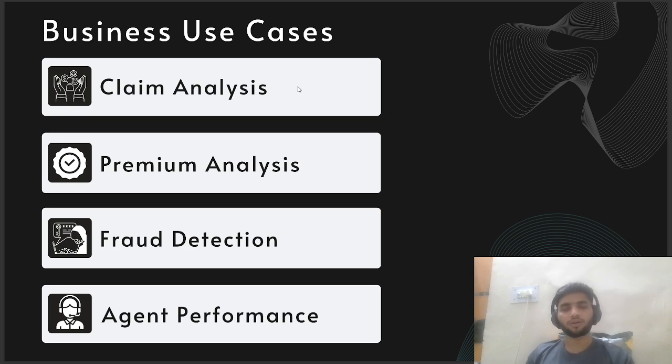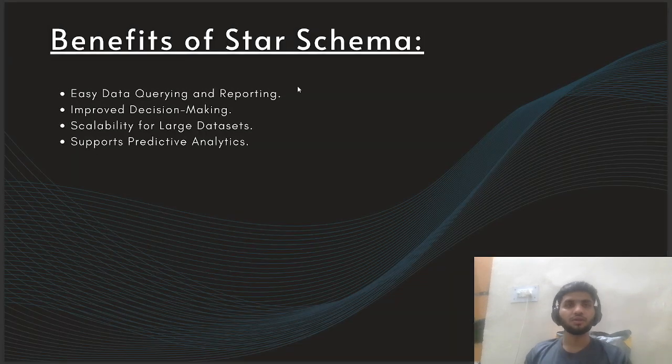In fraud detection, as we have taken the example of theft, there might be theft, robbery, and so on. In agent performance, we can see whether an agent is good or bad, and how agents are involved in frauds.